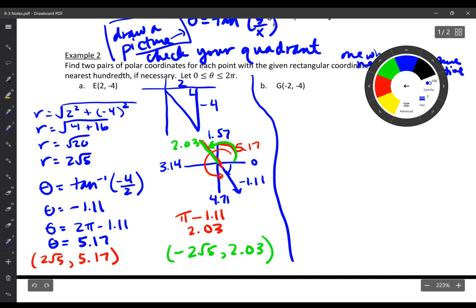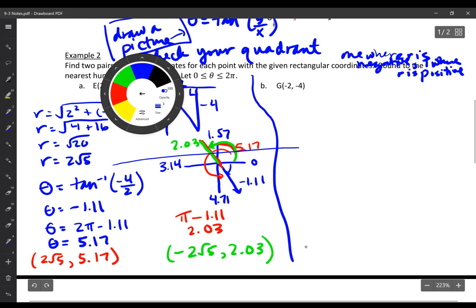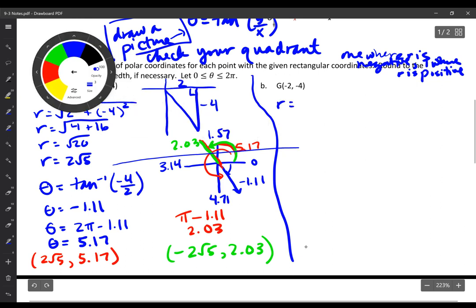So the second one is really similar. We still have 2's and 4's. So we know that our r is going to equal 2 square roots of 5 again, right? And I know that my theta, I should still draw it, -2, -4.